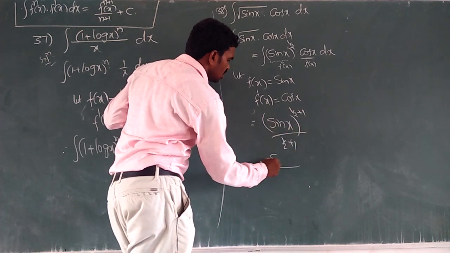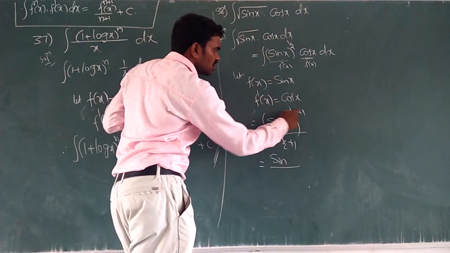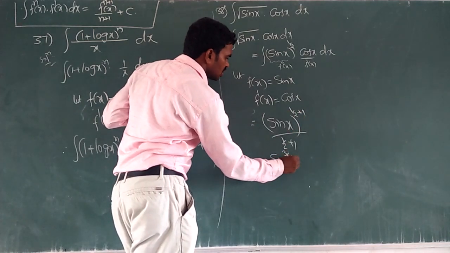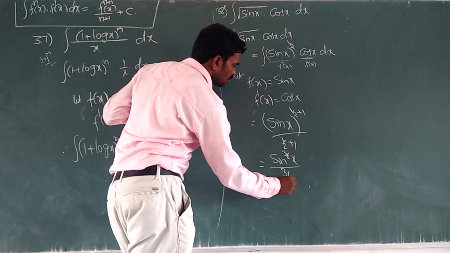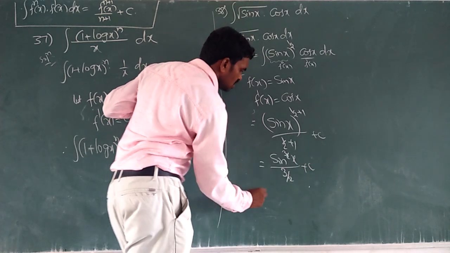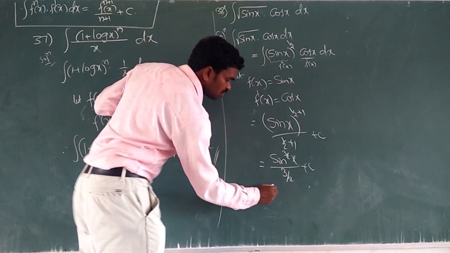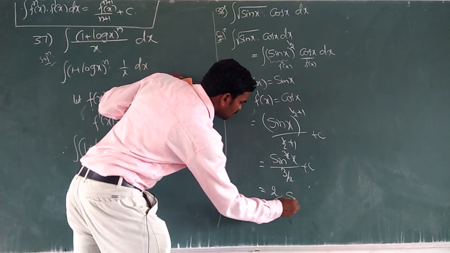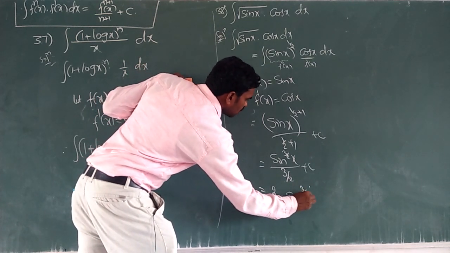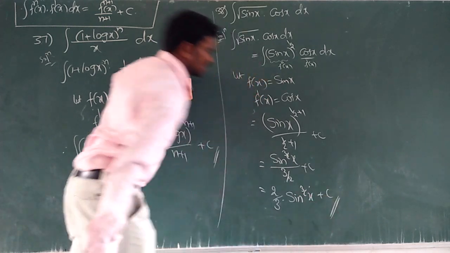So sin power 1 by 2 plus 1, that is 3 by 2. Sin power 3 by 2 x by 3 by 2 plus c. The denominator 3 by 2 means we can write 2 by 3 into sin power 3 by 2 x plus c. So this is the answer.